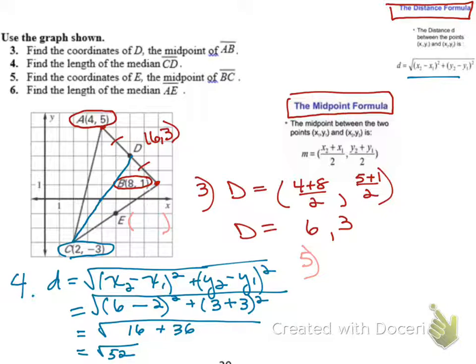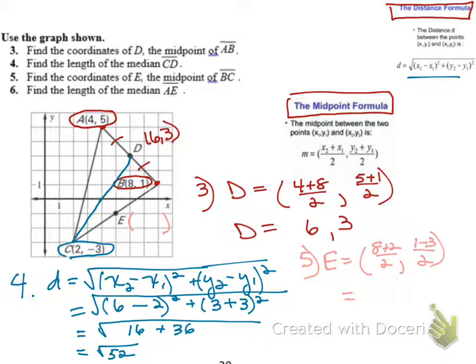So I have coordinate pairs for B and C, so I'm going to use the midpoint formula, and I'm going to say that point E, the coordinate pair is going to be, add your x's together, and that's 8 plus 2 divided by 2, comma, add your y's together, and that's going to be 1 and a minus 3, so 1 minus 3 over 2. I'm going to write it like that.